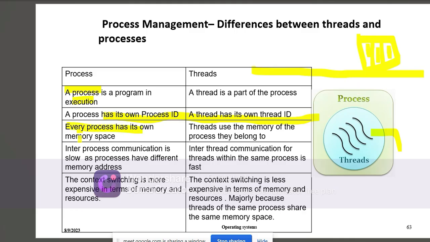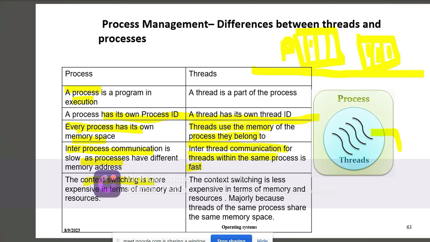Every process has its own memory space, because when a process is created, some amount of memory is assigned to it. Once the process has its own memory, and a part of the process is a thread, it is not required to have separate memory for the thread. IPC is slow because it needs a communication mechanism, but inter-thread communication within the same process is faster.